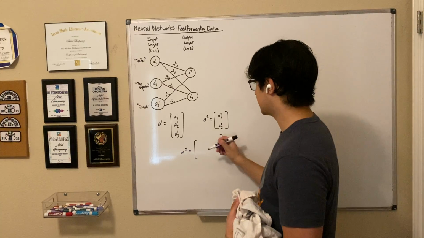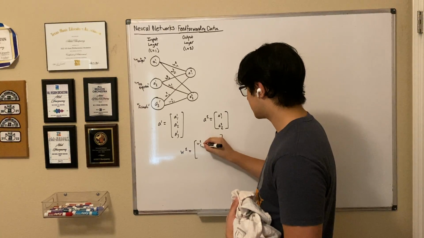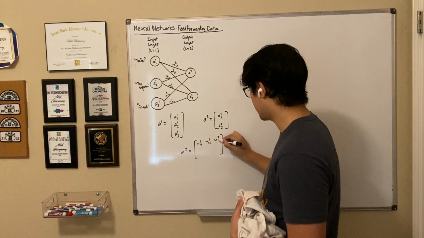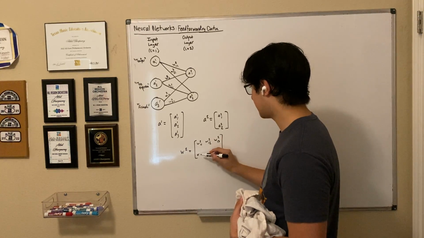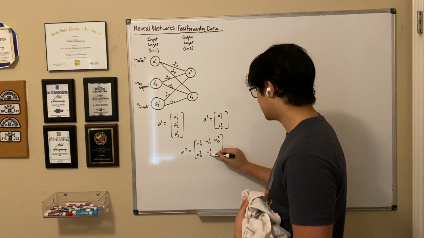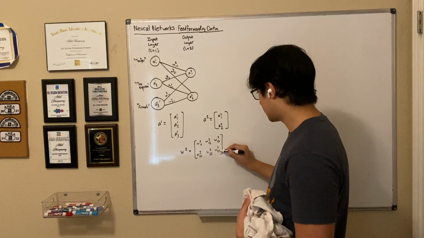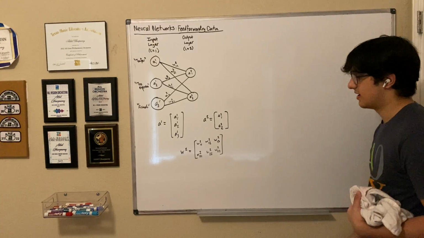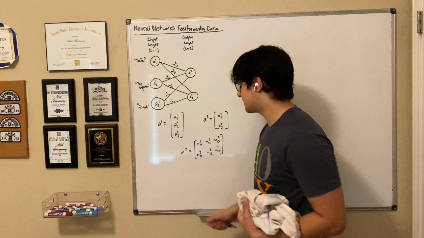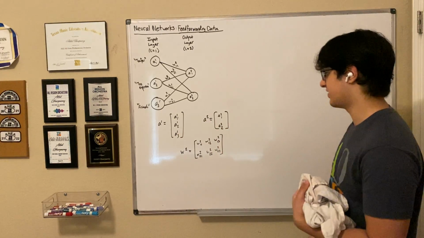So it's going to look something like this. We'll have weight 1,1, weight 1,2, and then the weight for 1,3. And then for our second neuron, it's going to be weight 2,1, weight 2,2, and weight 2,3. Just like that. And that way we will get this two-dimensional vector here.